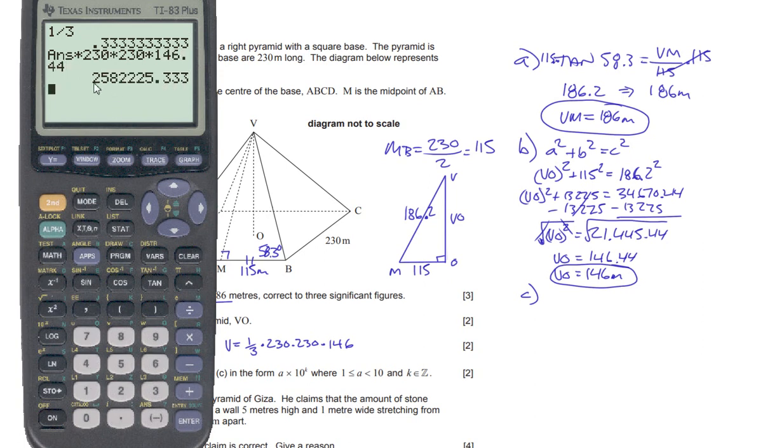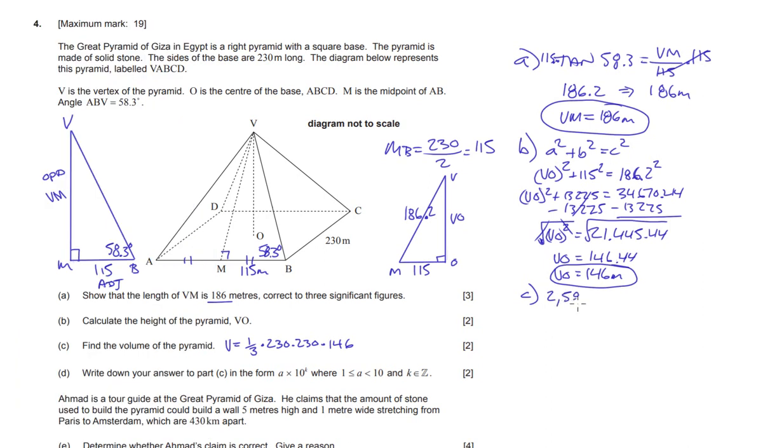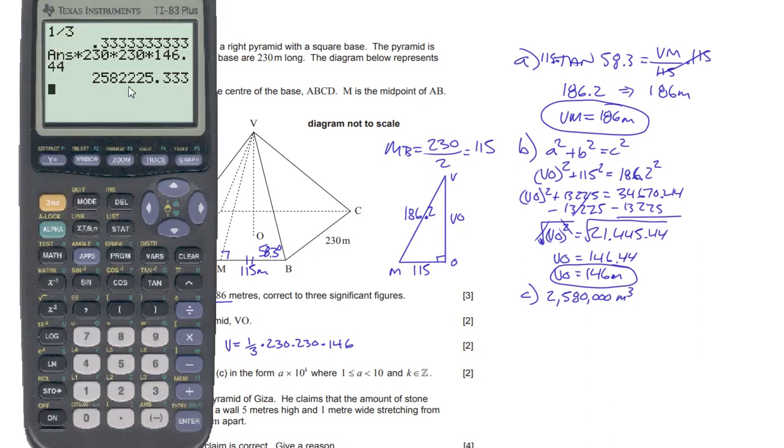Yeah, look, that gives us 258 instead, which I bet is going to be our correct answer. So 2,580,000, and this is going to be cubic meters. That is big, right? 1, 2, 3, 4, 5, 6. Yep, 2,580,000 to 3 significant digits.